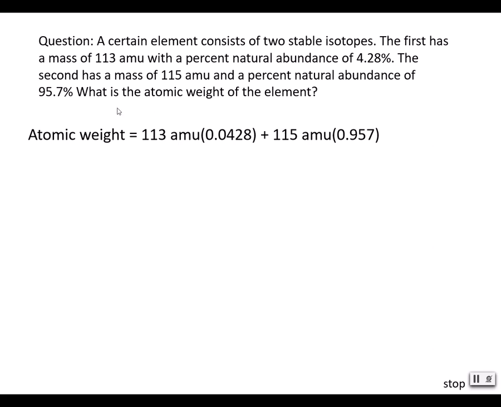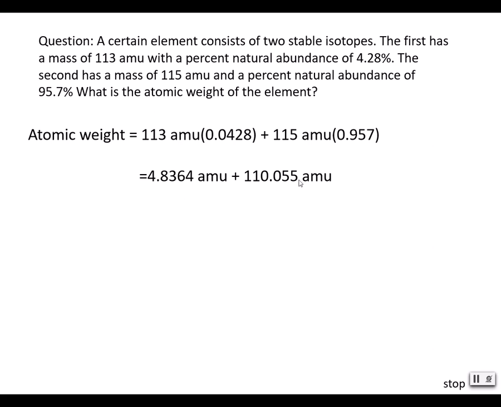Each mass is multiplied by its abundance, but in decimal form. So I take the percent and divide by 100. So that gives me the numbers in parentheses. When I go ahead and put those in my calculator, these are the two terms that come up.